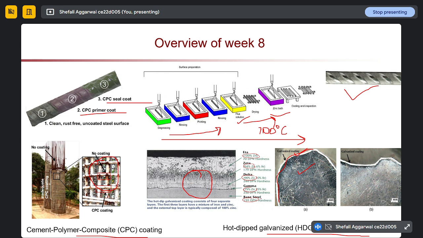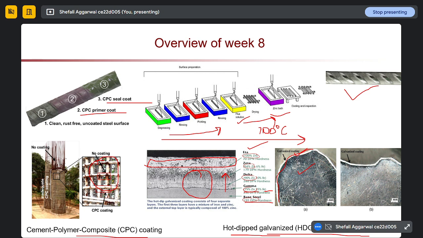From here, we have a base steel with 100% iron. Then we have a small gamma layer with 75% zinc and 25% iron. As you go up, the zinc content increases and the iron content decreases, and at the top you have a layer of 100% zinc, called the eta layer. This is how a typical hot dip galvanized steel rebar looks.